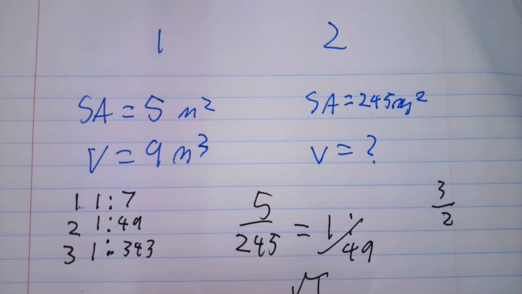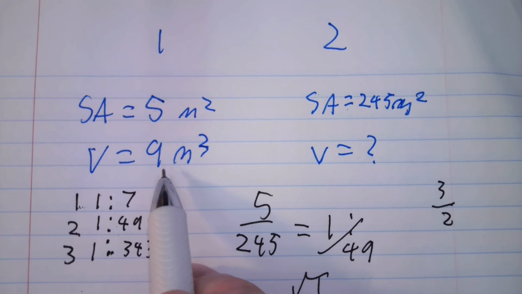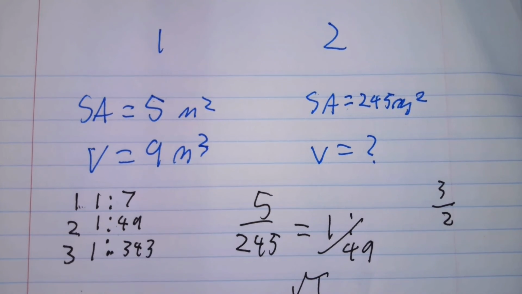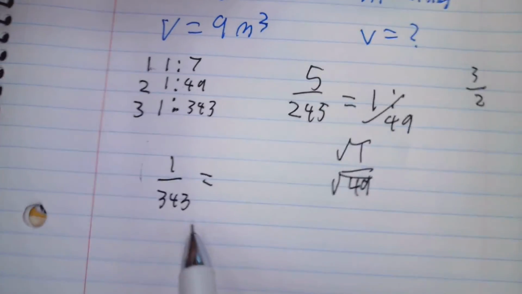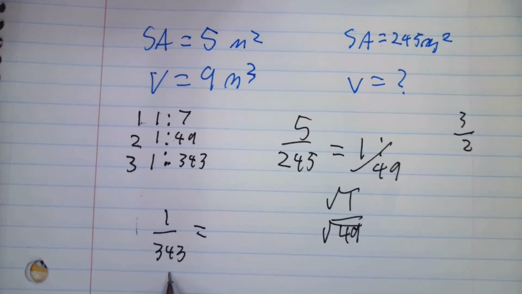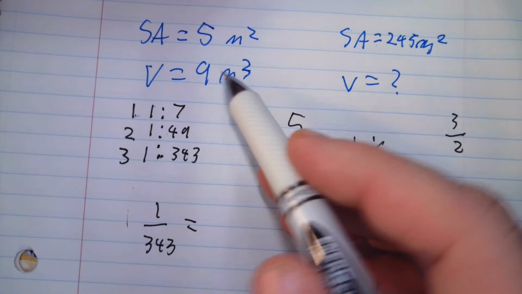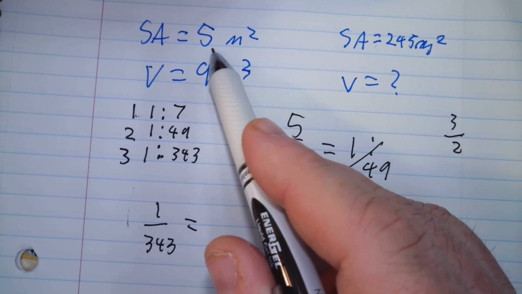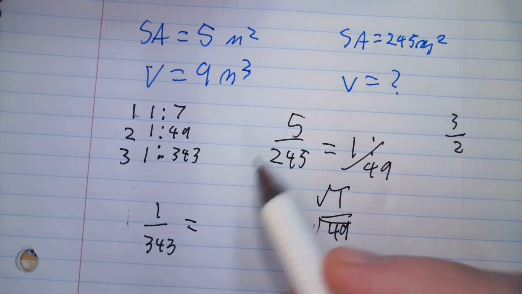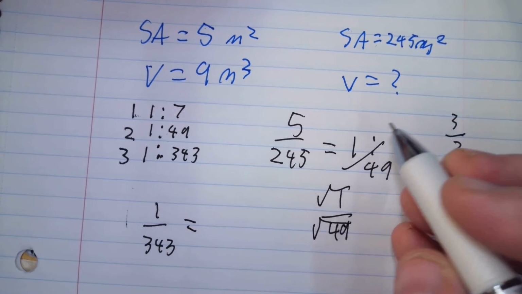So I'm just going to set that up. 1 over 343 is going to equal, well, what do you think 9 goes with? The 1 or the 343? How can you tell? It goes with the 1. The 9 is going to go with the smaller one, right? Yeah. The bigger one goes with the question mark. But I'm going to change the question mark to an X, right?